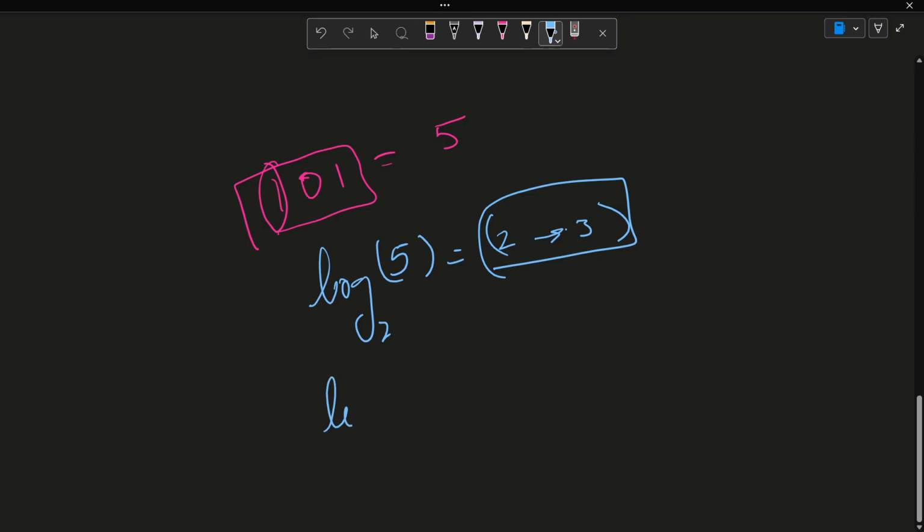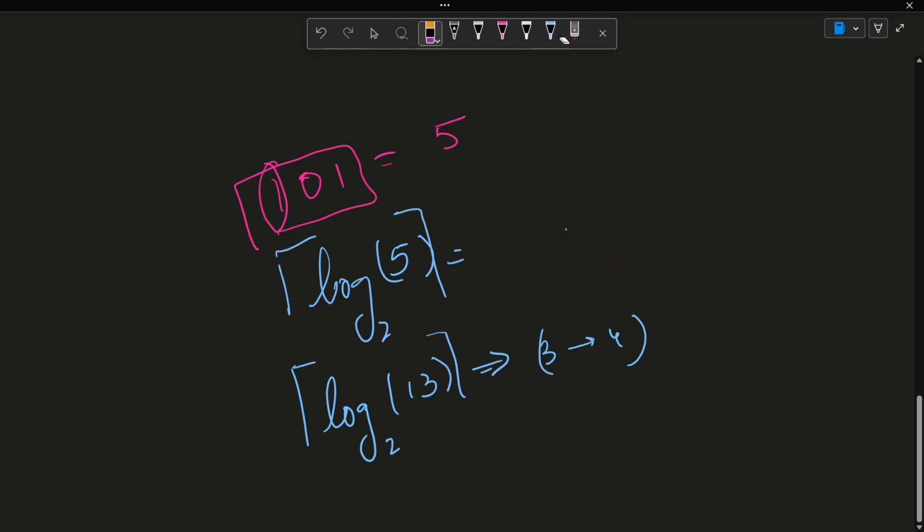And what is log base 2 of 13? 2 to the power 3 is 8, 2 to the power 4 is 16, so somewhere between 3 and 4. Let's take the ceil value: in this case we would get 3, and here we would get 4.